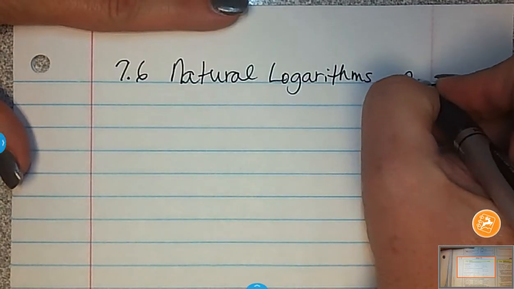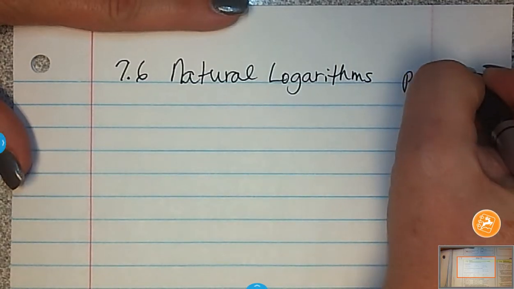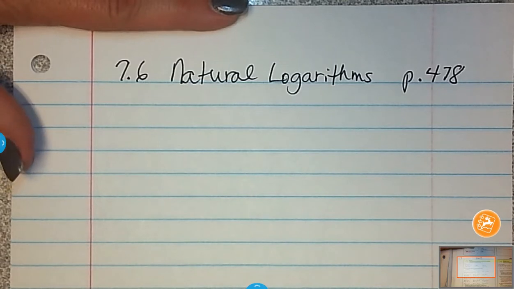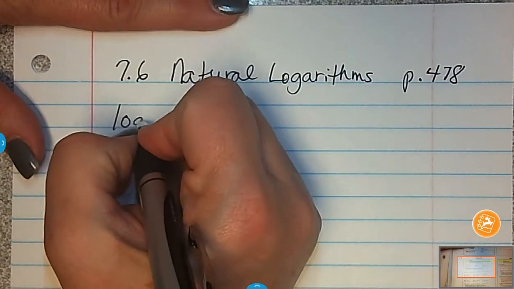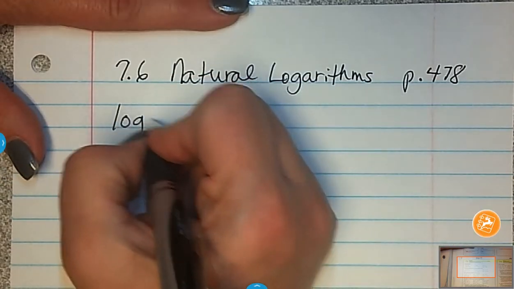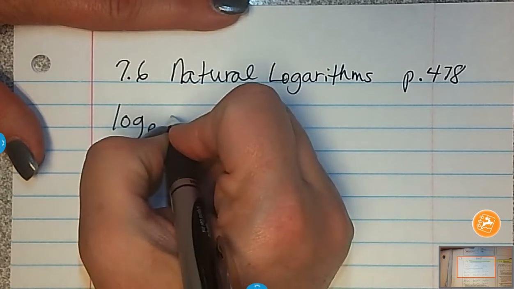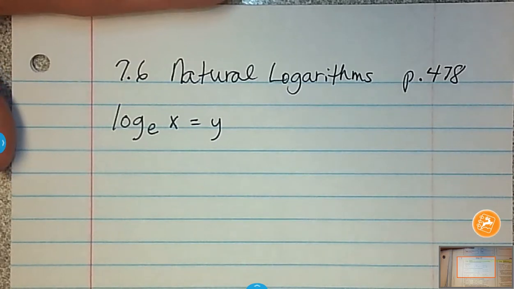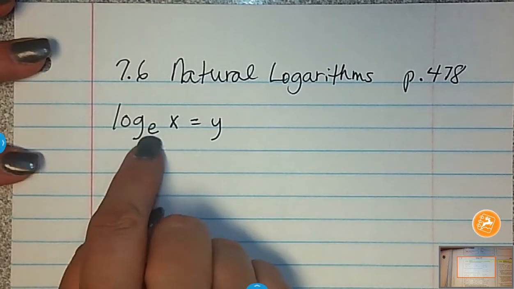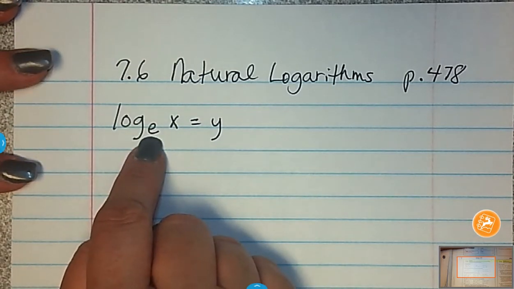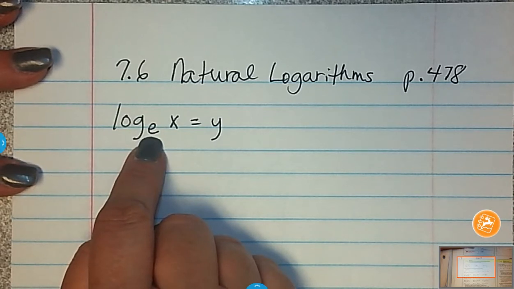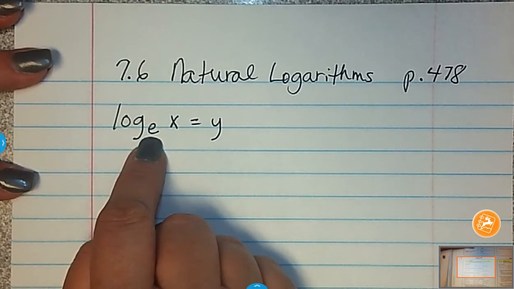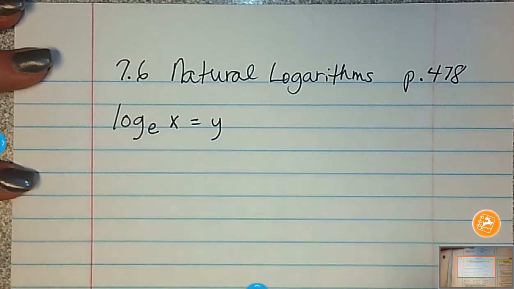So, natural logarithms. These are just like other logarithms. It's just a different notation. We use natural logarithms when you have log base e of x equals y. Do y'all remember when we learned about e back early in chapter 7? There's that button on your calculator. That's what they call a natural base.